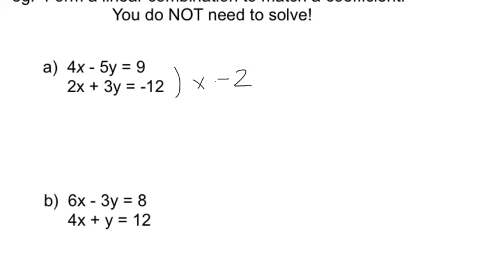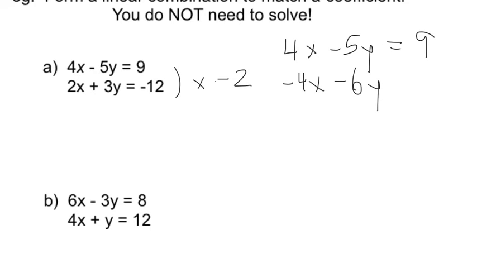So that means the first equation is going to stay the same, 4x minus 5y equals 9. The second equation, if I multiply everything by -2, I will have -4x minus 6y equals 24.